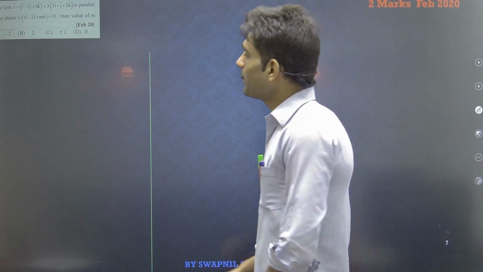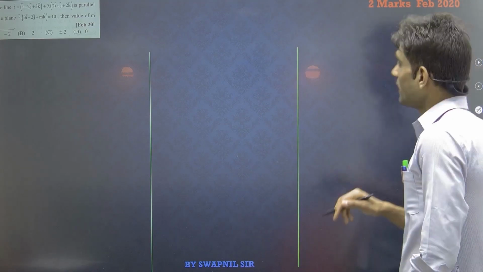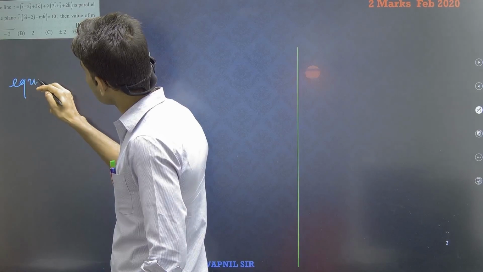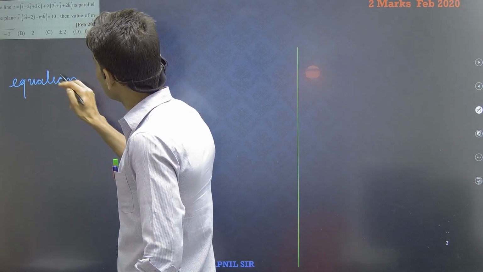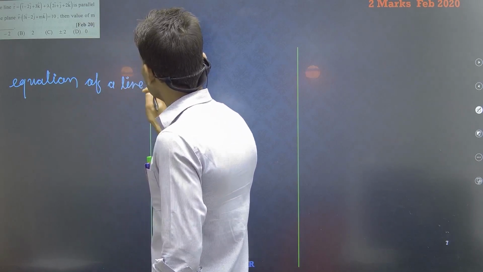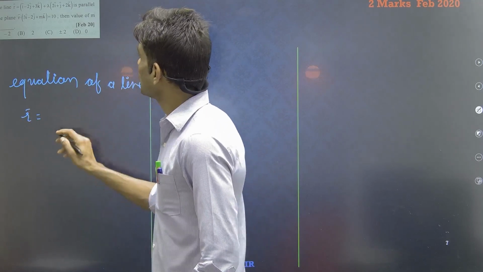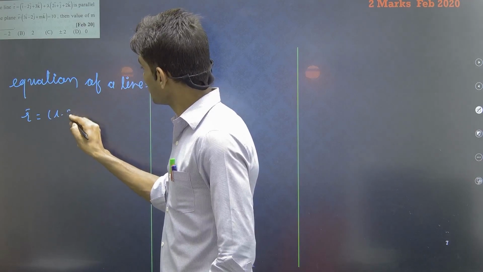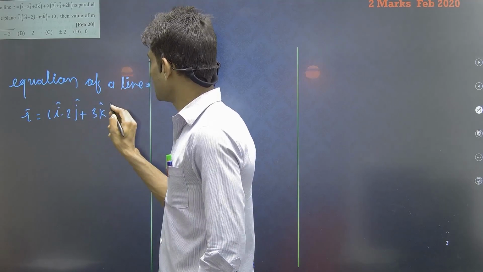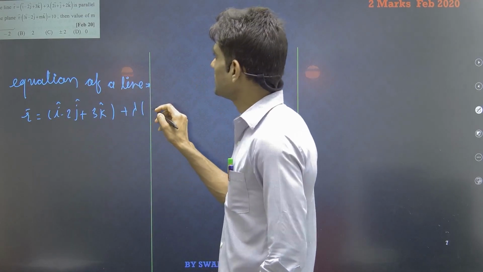Now let me first write what we have been given in the example. We have the equation of a line: r bar equals i minus 2j plus 3k, that is, i cap minus 2j cap plus 3k cap, plus lambda into 2i plus j plus 2k.